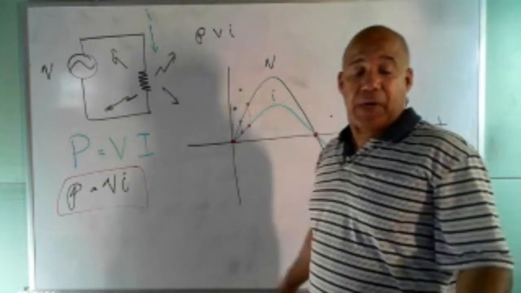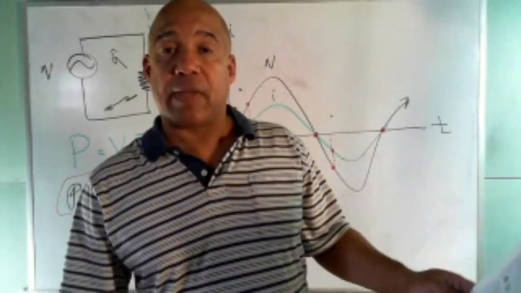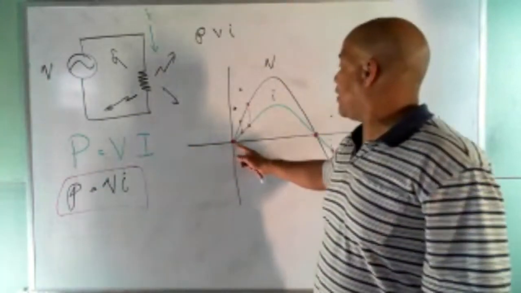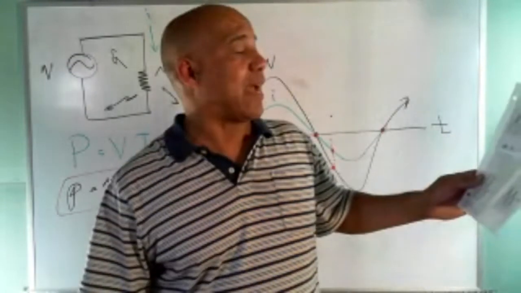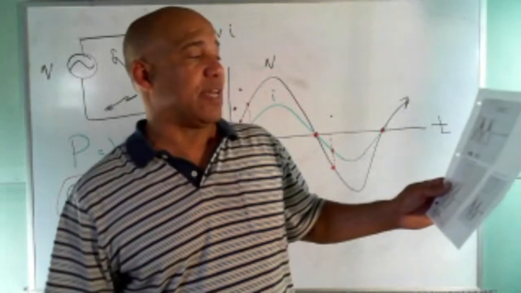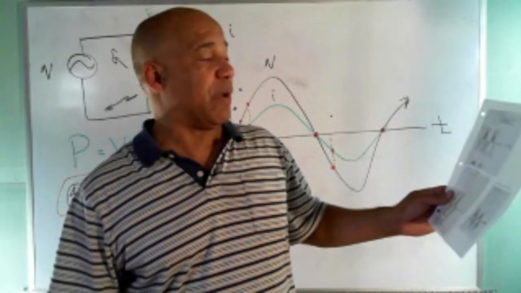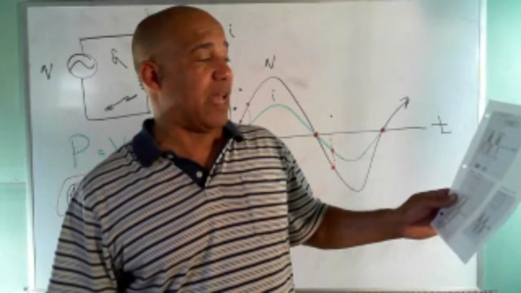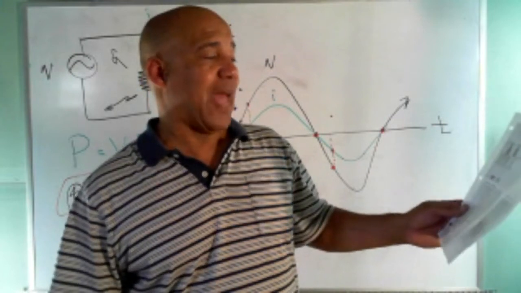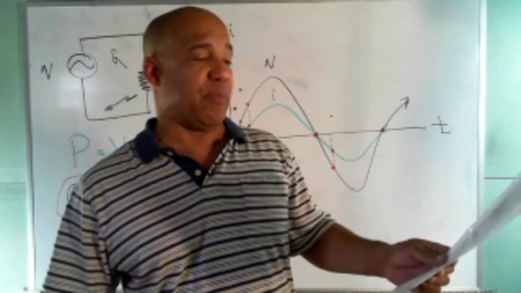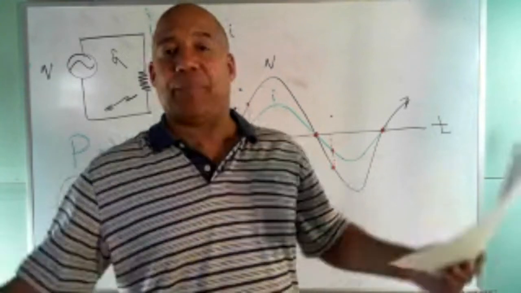But if you look at the power, we actually have two cycles of power. The one cycle of voltage and current always result in two cycles of power. It's kind of hard to see because you have a half a sine wave in there at the very beginning, and another half a sine wave at the very end. But if you put the portion of the sine wave at the very beginning and the very end together, the middle part, it actually makes up another sine wave.